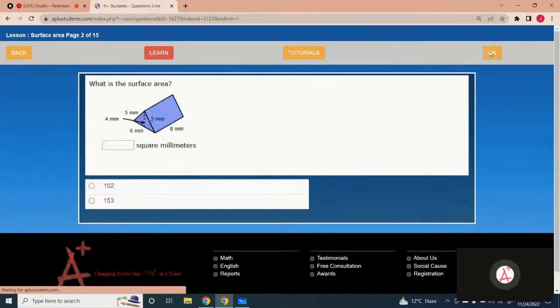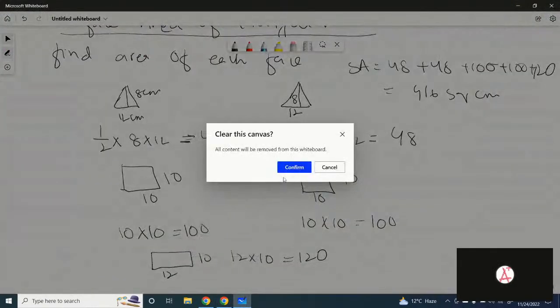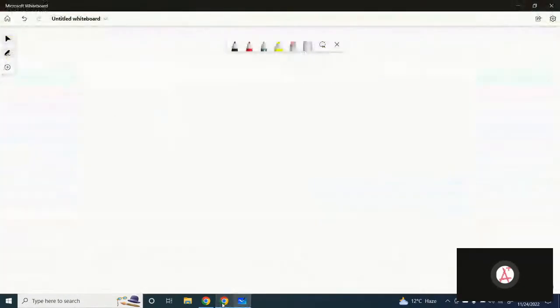The next one is again a triangular prism, so you have to do the same thing. The area of the triangular face is half times 6 times 4.